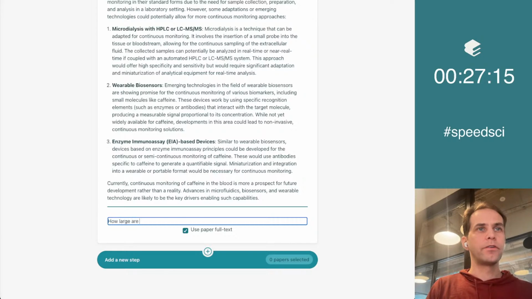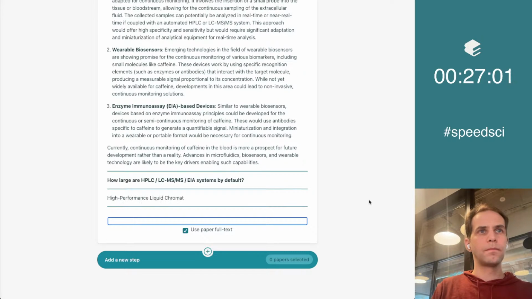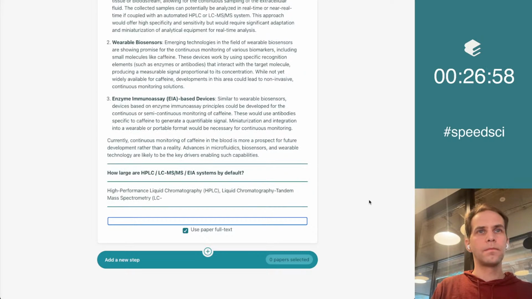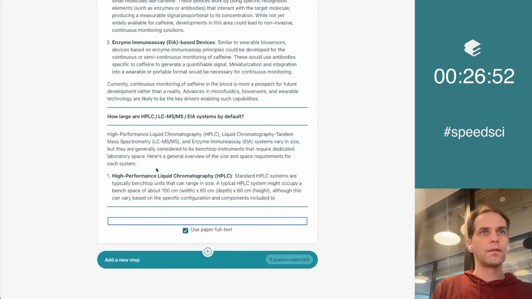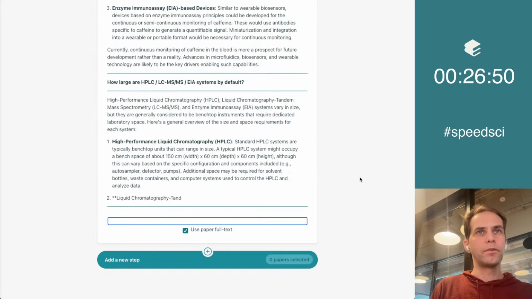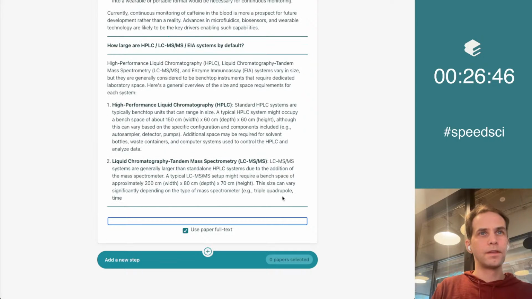Let's say how large are EIA systems by default? Yeah, generally considered to be benchtop instruments. Yeah, these are huge.